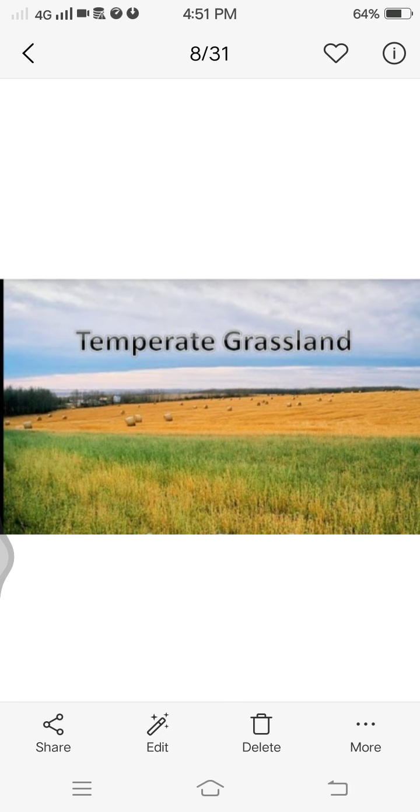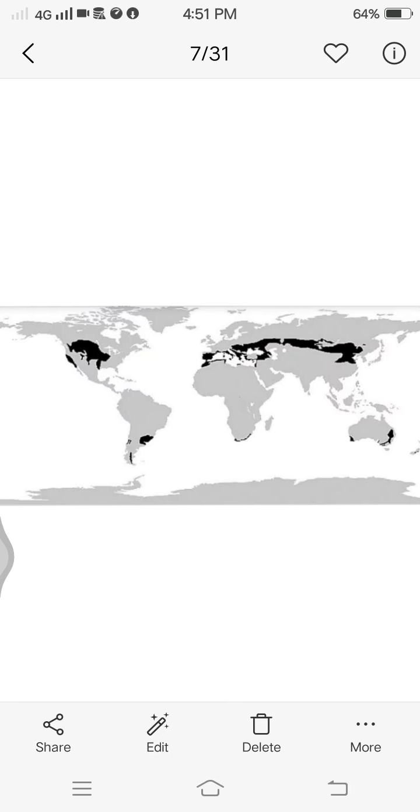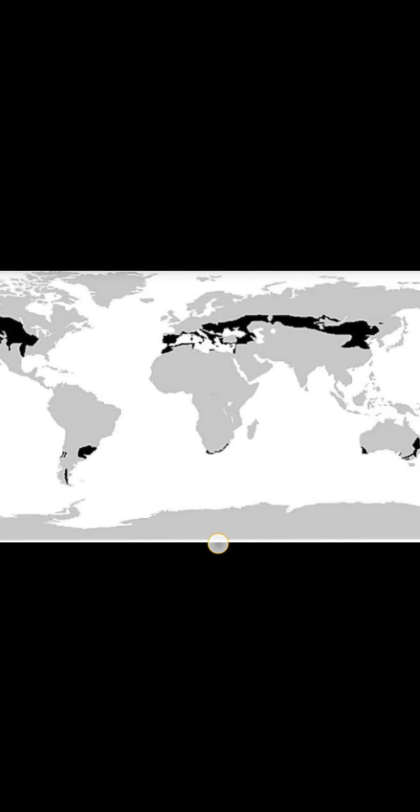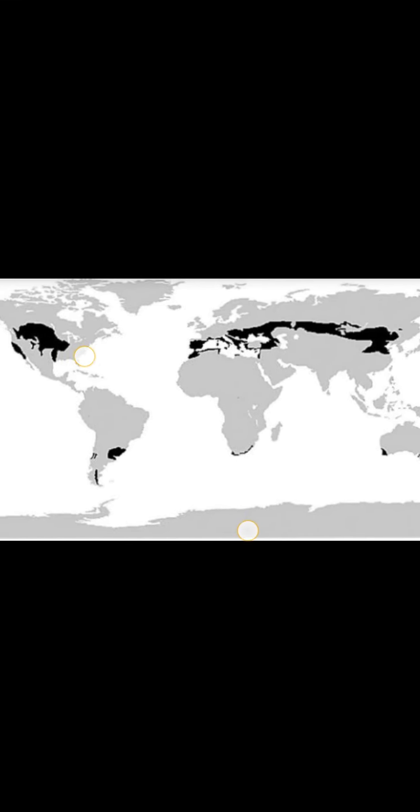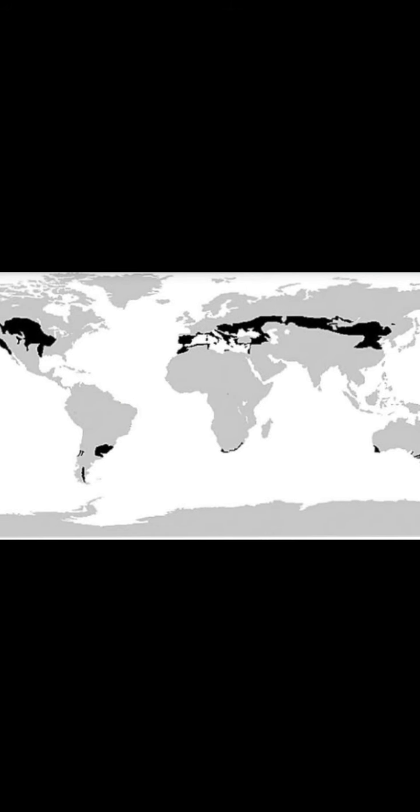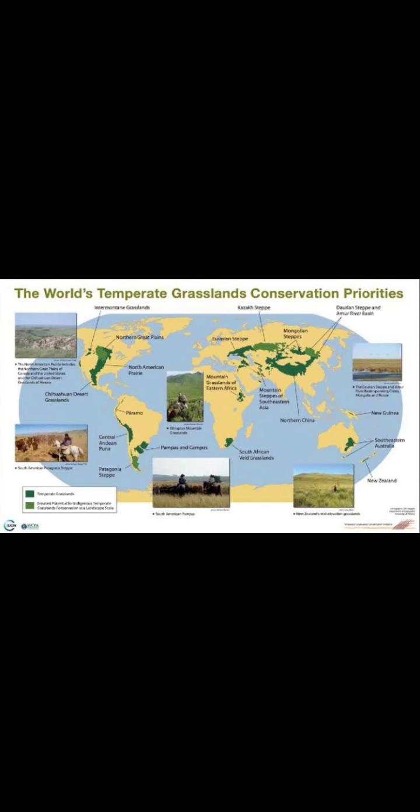Another topic is temperate grassland. Temperate grasslands are mostly found from 30 to 60 degrees, in both the southern and northern parts.